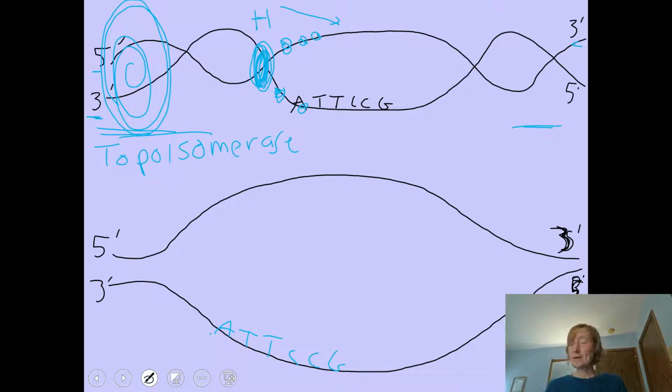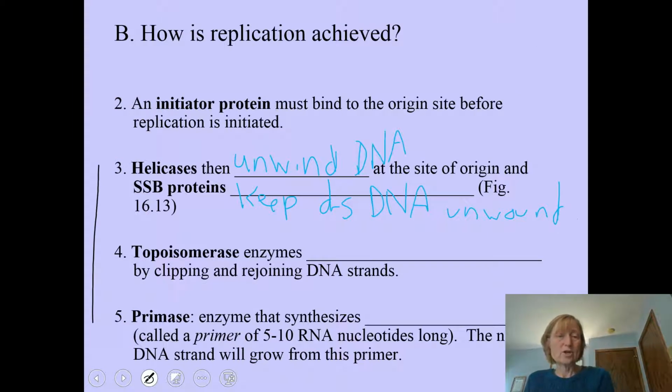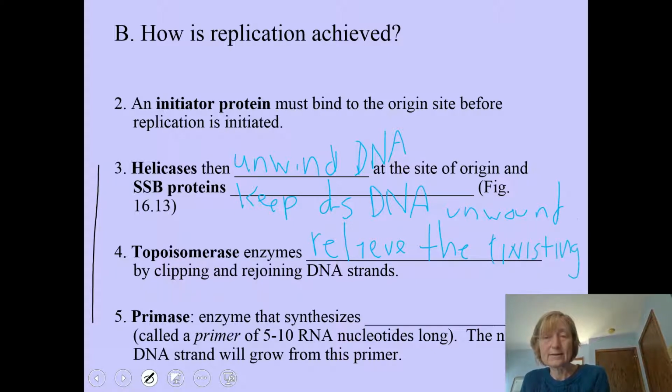Topoisomerase enzymes relieve the twisting DNA molecule by clipping and rejoining the DNA strands.